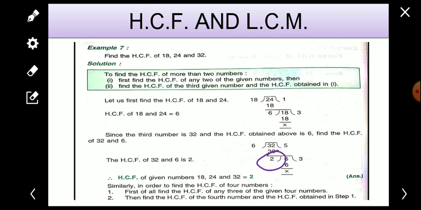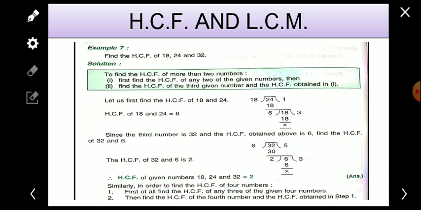So this is the HCF of these 3 numbers. So we have got the HCF of 32 and 6 as 2. At last, whatever HCF you have got is the HCF of all those numbers. So the HCF of the given numbers 18, 24 and 32 is 2.